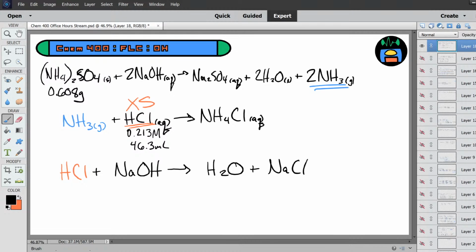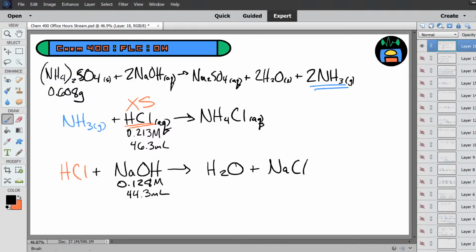And the amount that's used is 0.128 molar sodium hydroxide, and 44.3 milliliters are used. Angelina, this thing is intense.